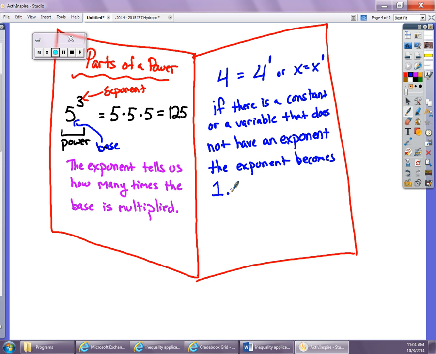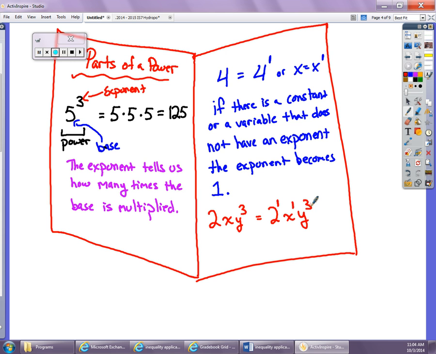So if we don't have anything, it's always 1. We had the examples up there. You could have something like 2xy to the 3rd power. We would know that this is actually 2 to the 1st, x to the 1st, y to the 3rd power. So they actually have those 1s there.